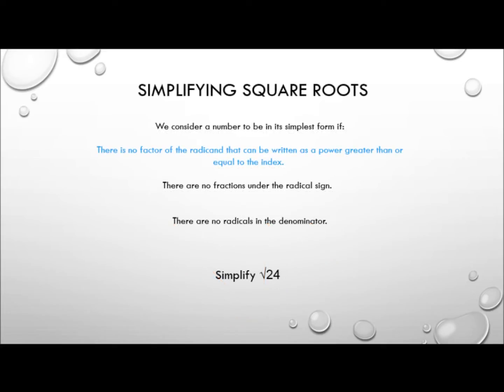Okay, so suppose we're asked to simplify the square root of 24. Well, the first thing we need to consider is, is there a factor of the radicand that can be written as a power greater than or equal to the index? Note that because it's the square root, we can't have a factor of 24 that can be expressed as a number squared.